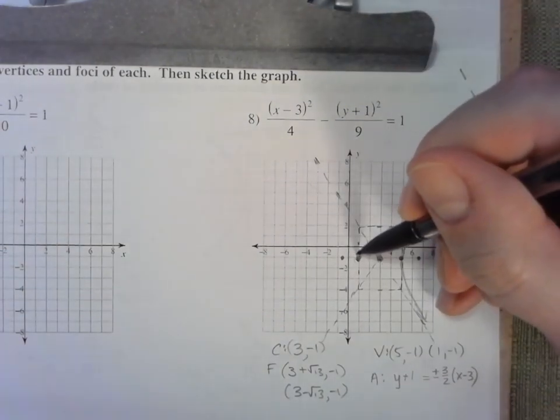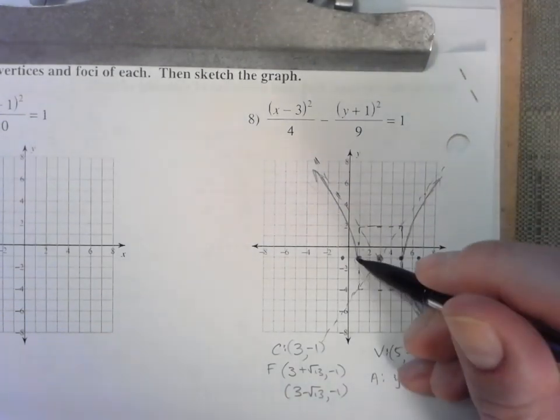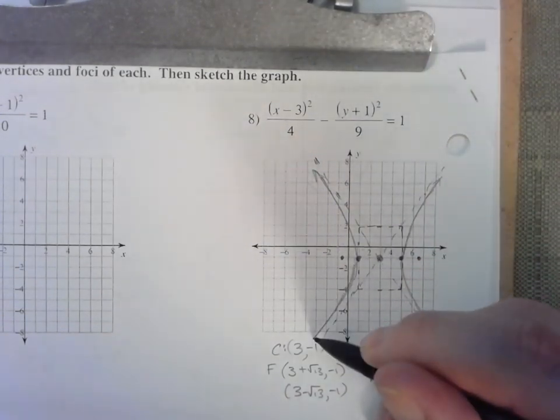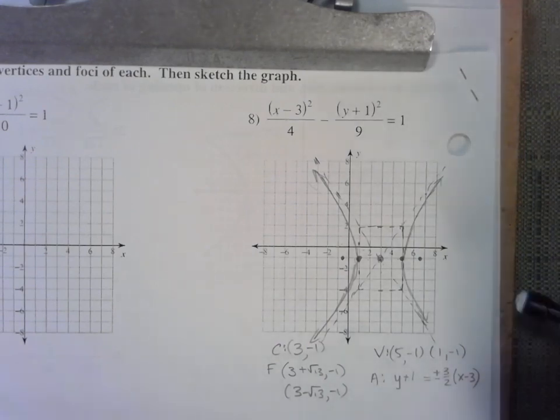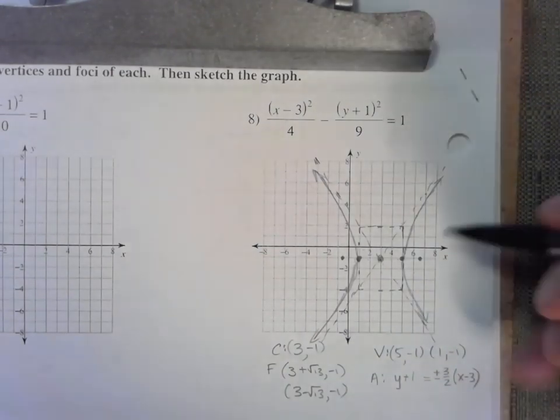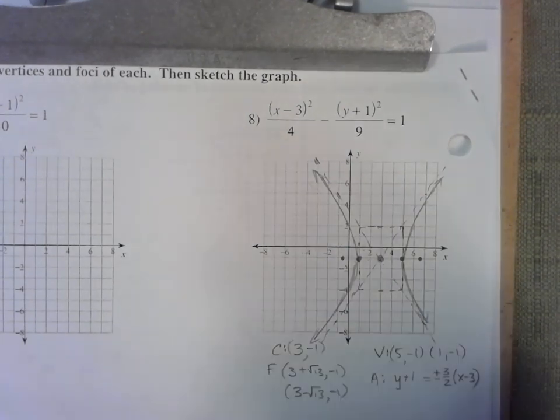If you don't like the one that you drew, you can erase it and try again. This is way easier than plugging in a bunch of points. If I take a look at this, I kind of think it looks okay. If I had all the time in the world, I would maybe adjust this bottom here. I think it gets to the asymptote too quickly, but that's how you do question 8.